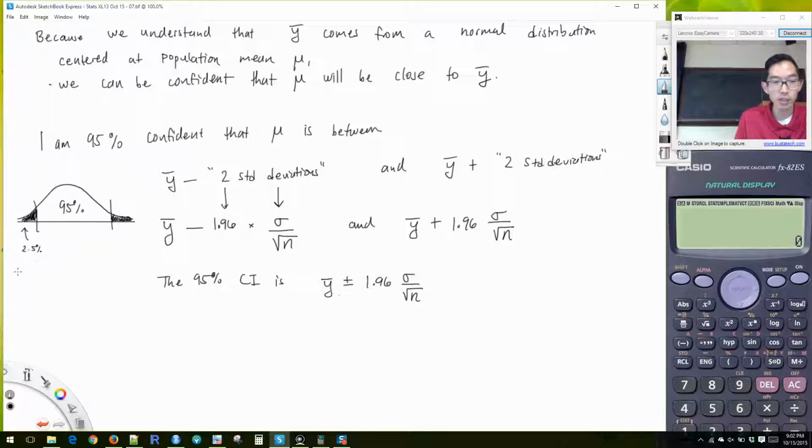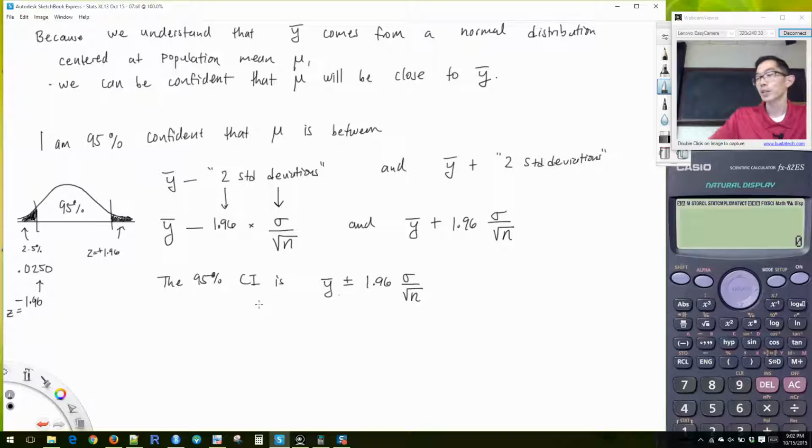So if I look up 0.0250 in the table, this corresponds to z equal to negative 1.96. And this one would be positive, z equal to positive 1.96.